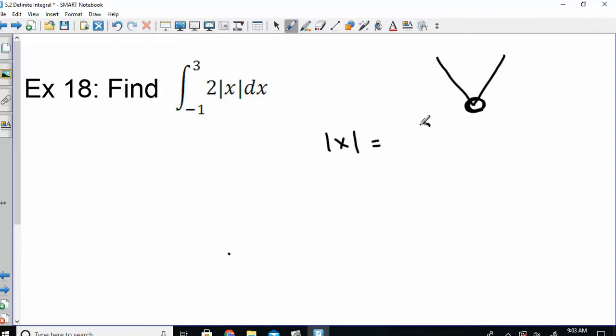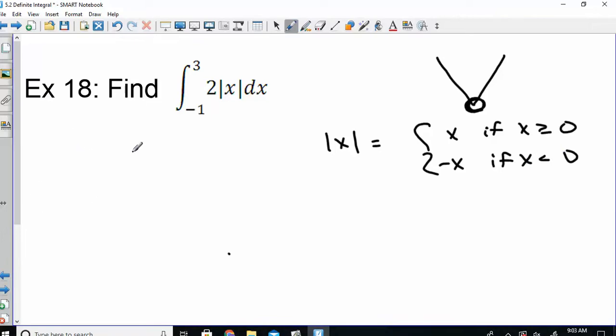When I say the absolute value of x, we know that you just get what you put in as long as you put in a positive number. What happens if you put in a negative number? It becomes positive, so you get the opposite of what you put in.